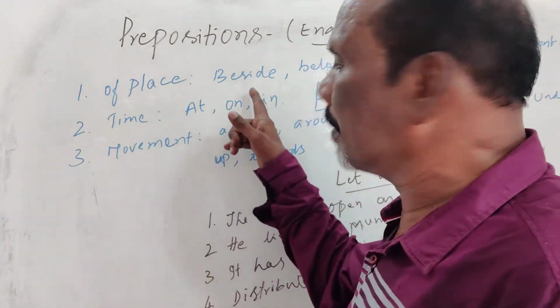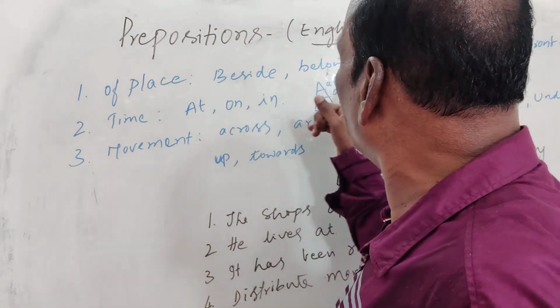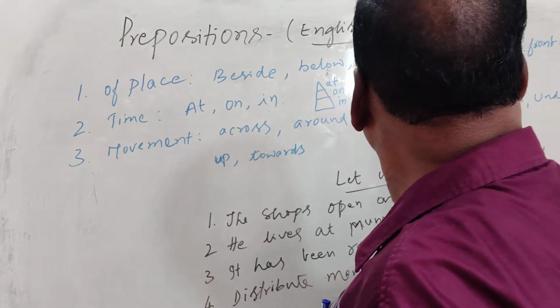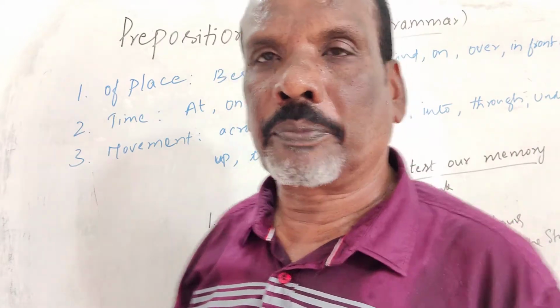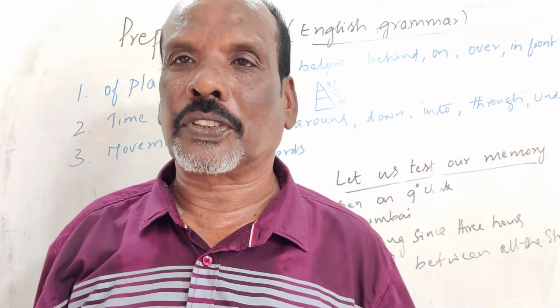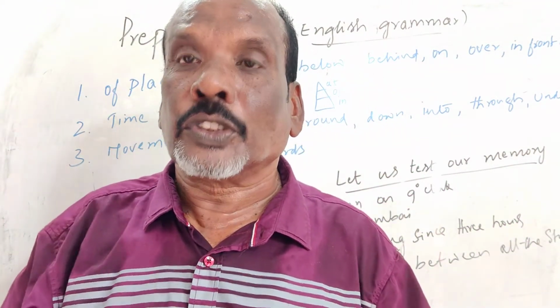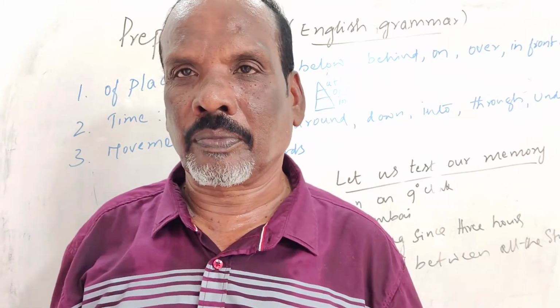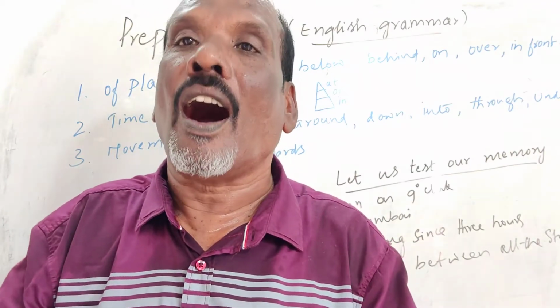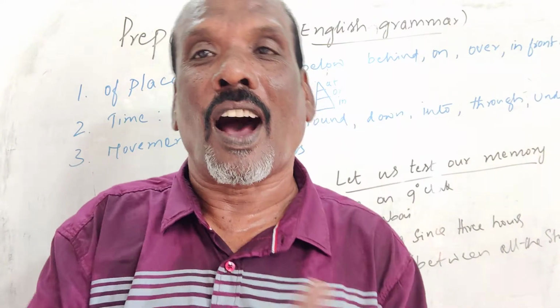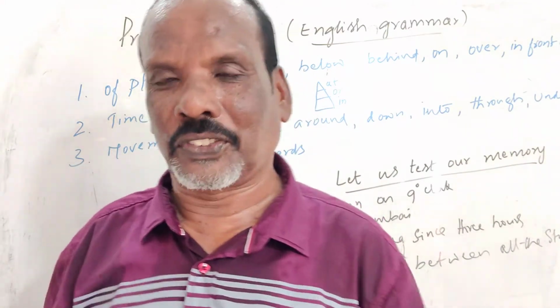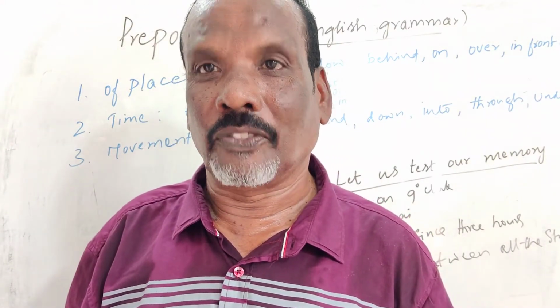Here, examples: beside, below, behind, on, over, in front of. These prepositions show the place of these nouns or pronouns, where they are.